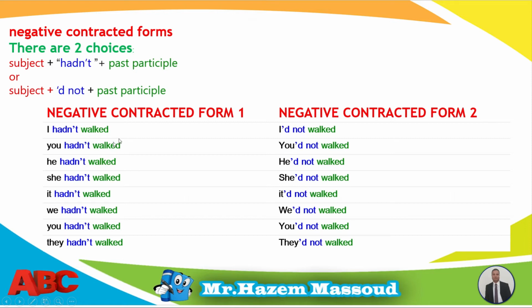I hadn't walked, you hadn't walked, he hadn't walked, she hadn't walked, it hadn't walked, we hadn't walked, you hadn't walked, they hadn't walked. In the second form, I put apostrophe D and the word not. Both forms are correct, but the first form is better than the second one.